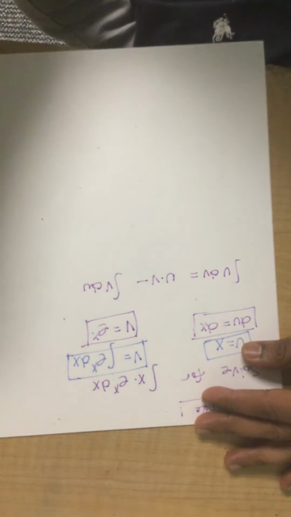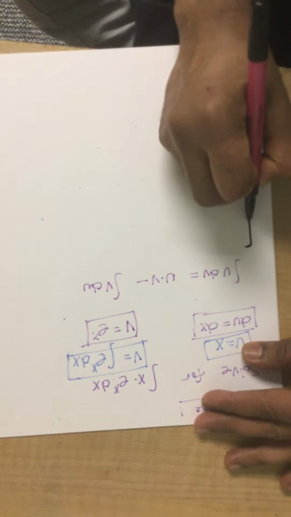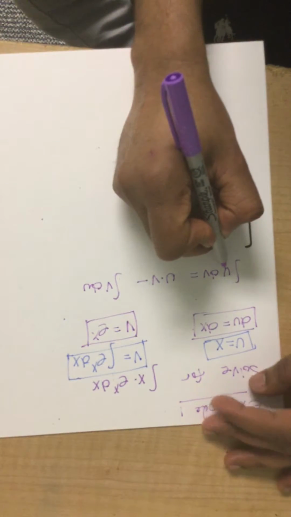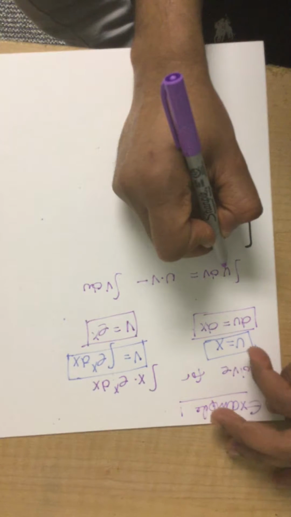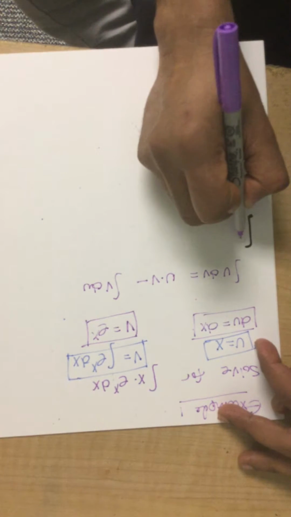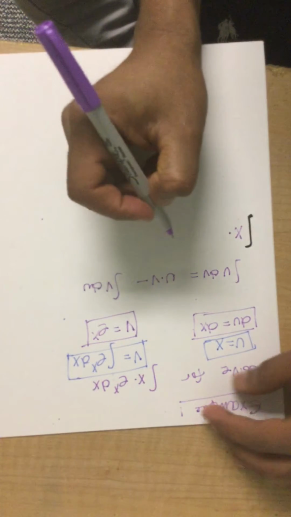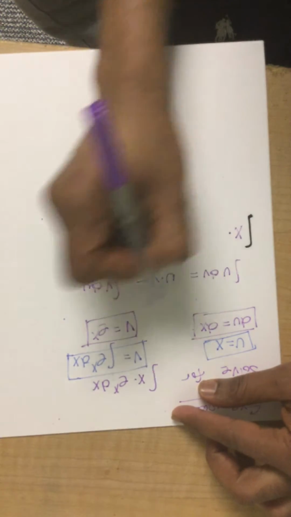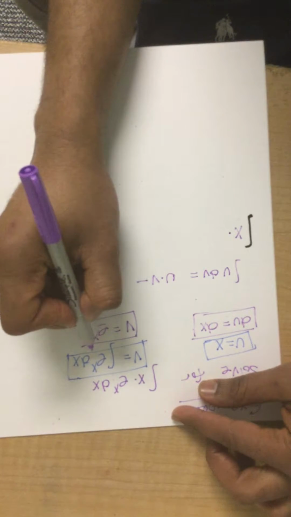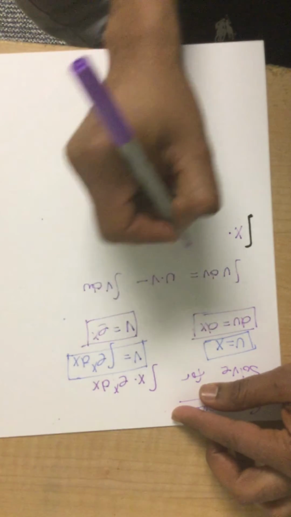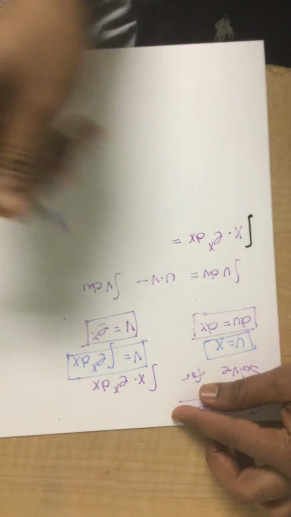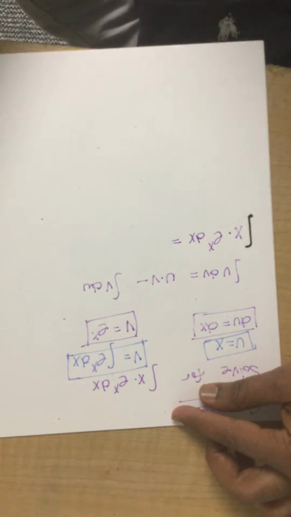All right. So I can use x instead of u. So I don't have any problem with that. And dv is equal to e to the power of x dx. All right.